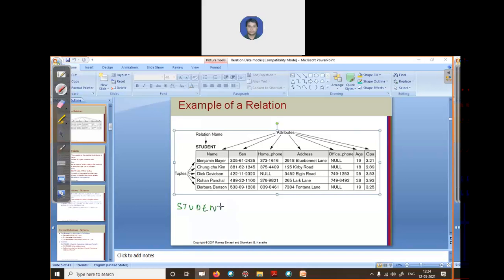Here the table name is Student, followed by the list of attributes: name, SSN. In this way you can write it. This is a relational schema. A relational schema is nothing but the structure of your table. Here Student is the table name, and the attributes are in order.